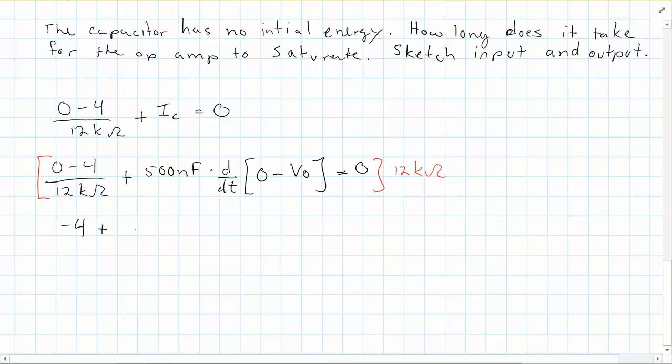I get, and I'll go ahead and write it as 0.006, instead of writing 6 milli, that might be confusing here, times the derivative of minus V out equals 0.